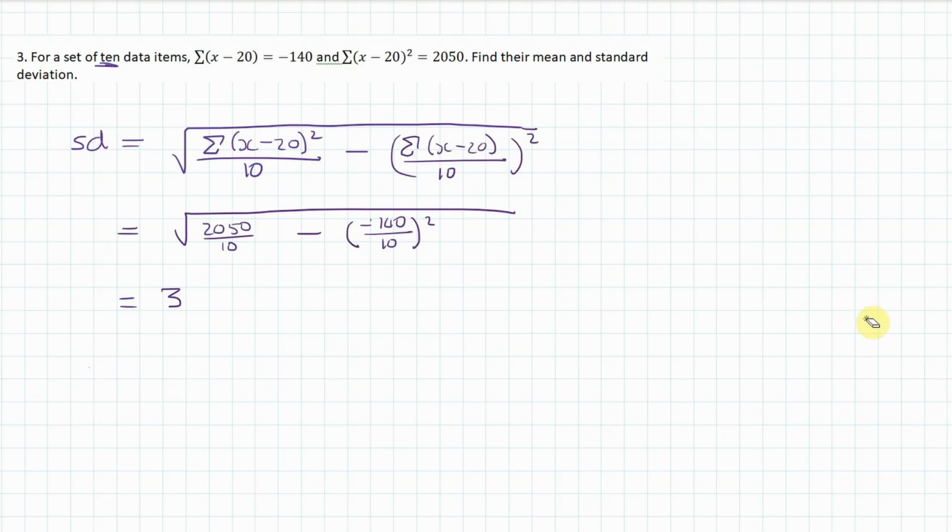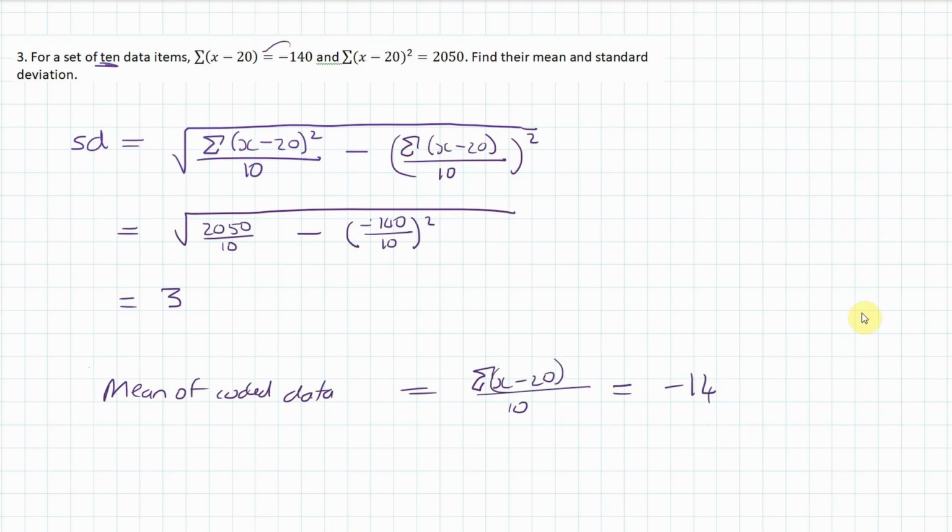We can just think of it like this. What is the mean of the coded data? It's equal to the sum of x minus 20, divided by 10. And so that's negative 1.4, I think. Oh, sorry, negative 14.